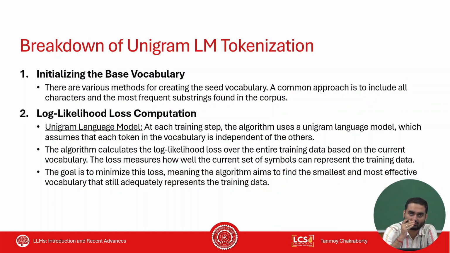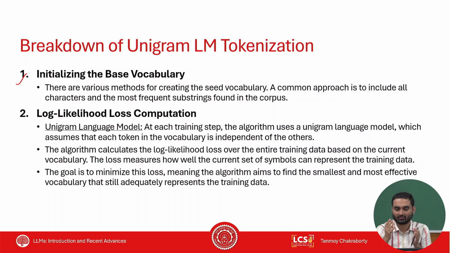Similar to the previous methods, the first step is to identify the base vocabulary. Now, this Unigram language model tokenization is different from the other tokenizations that I discussed today. How? In both Byte-Pair and WordPiece, our goal was to increase the vocabulary.